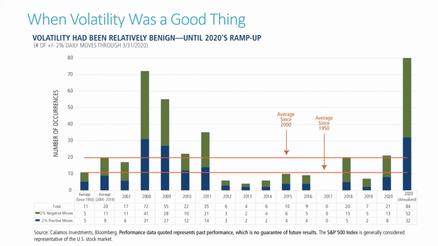That's what was interesting to me about those averages, and if we annualize 2020, it brings that way up. So you can see more recently how much volatility has increased in today's markets.